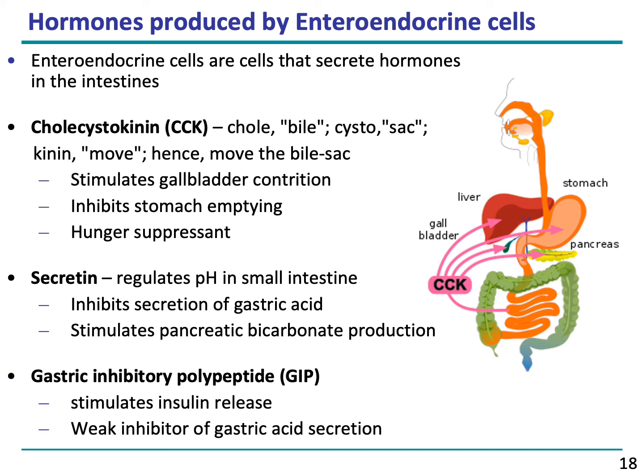The main thing that it does is that it stimulates insulin release, even though its name doesn't really tell you that. Okay, so once again, gastric inhibitory polypeptide mainly stimulates insulin release. And it does inhibit gastric acid secretion. However, it only does this very weakly. So it's a weak inhibitor of gastric acid secretion.